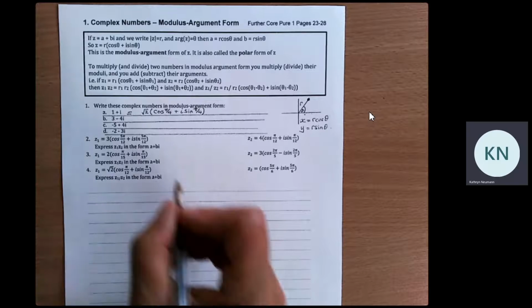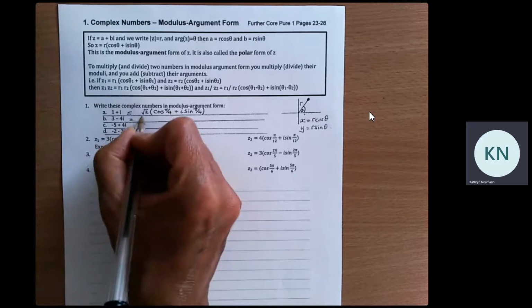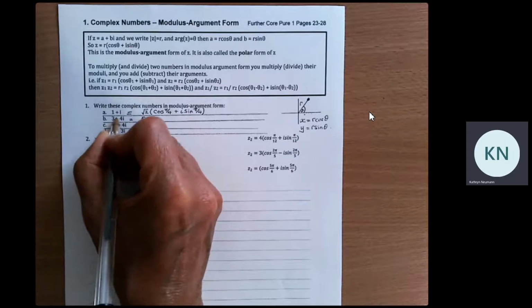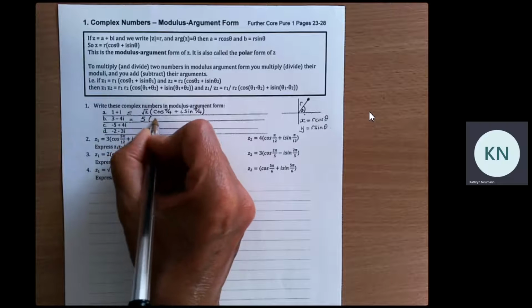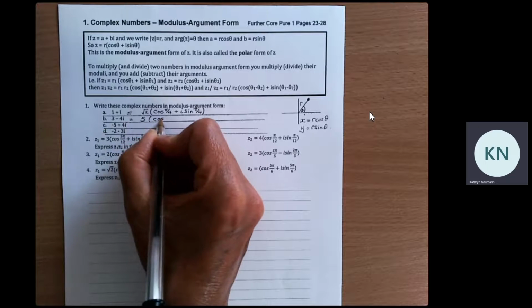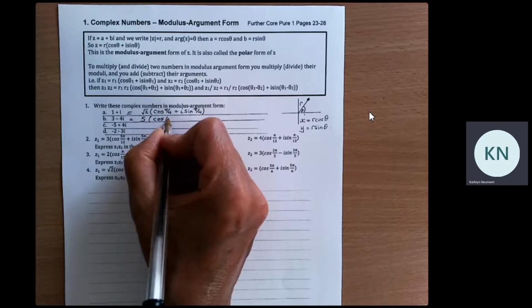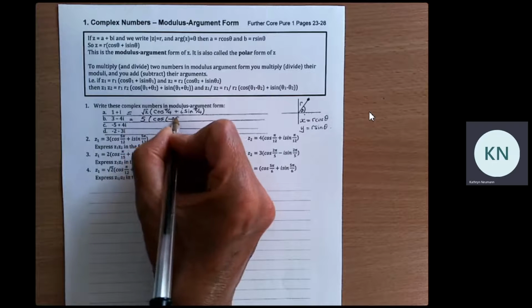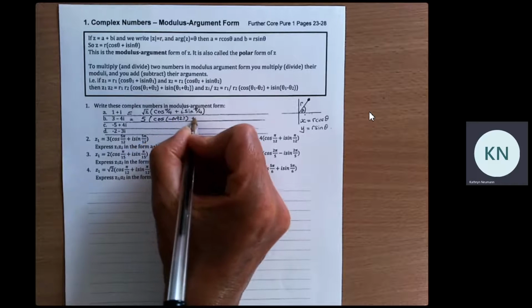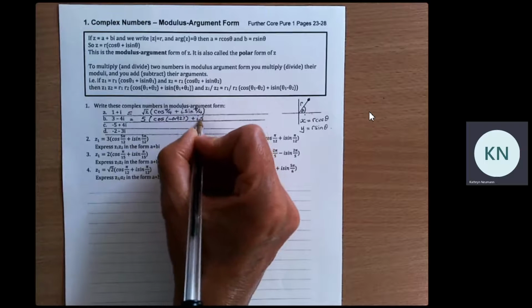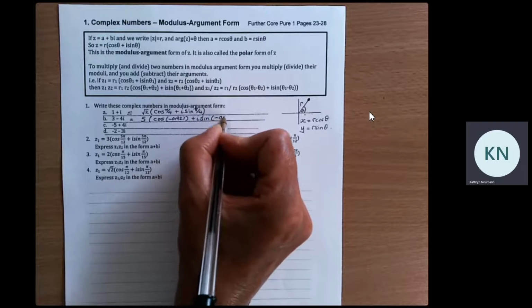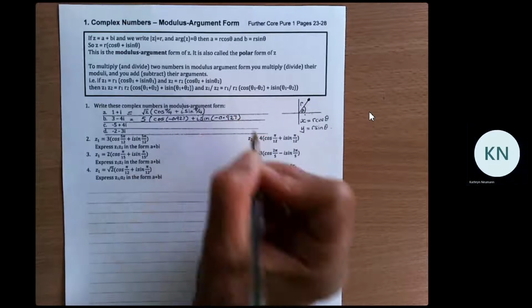So let's look at the second example. This is going to be 5, because that's the modulus, which we found before, brackets, cos of, now this was a negative argument, so minus 0.927, plus i times the sin of minus 0.927.